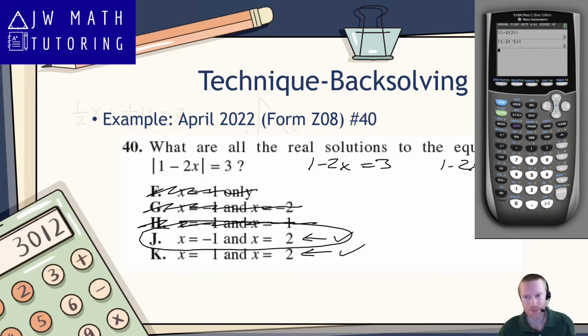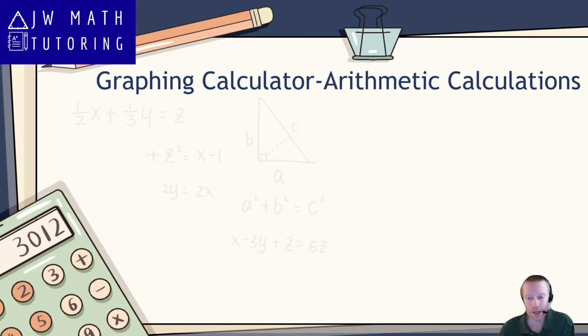Now, this is something that we've touched on a little bit in the last couple of slides: another way to save time on the math section of the ACT is to use a graphing calculator, or if you don't have a graphing calculator, if you have a scientific, that's fine. Use your scientific calculator for all arithmetic calculations.